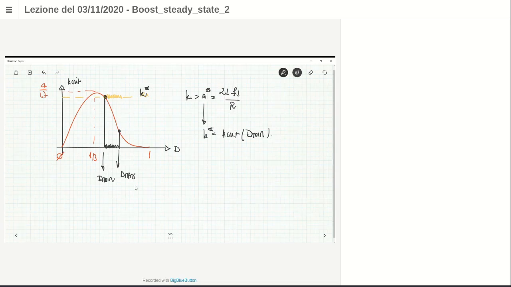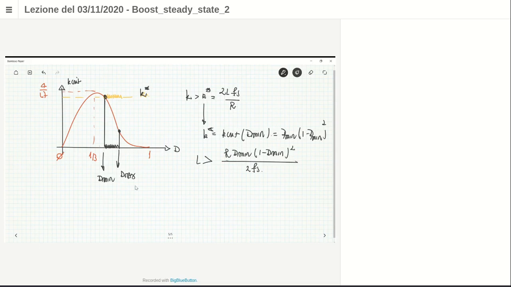Okay, so in that situation, I have to be sure that this is the minimum, 1 minus the minimum. So L should be larger than what? Than R times D minimum, 1 minus D minimum, squared value divided by Fs.